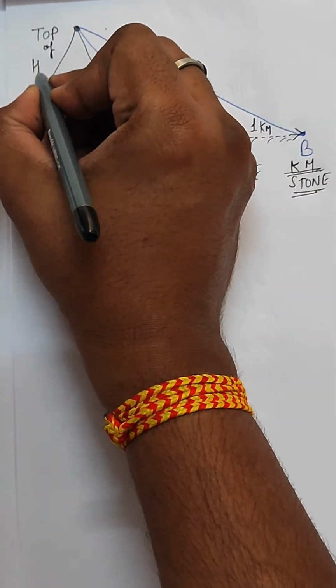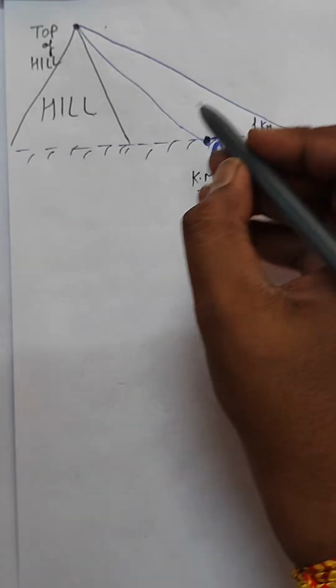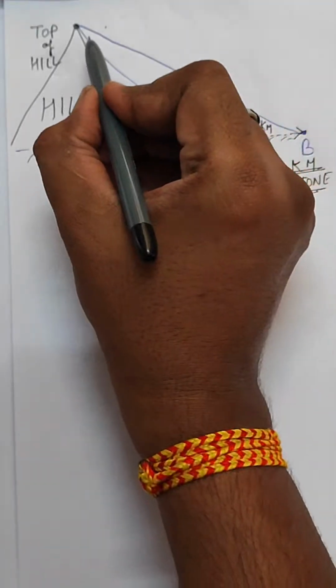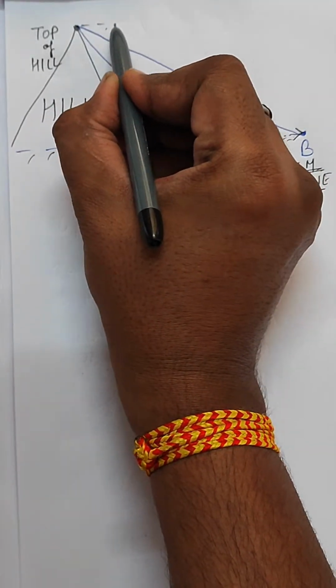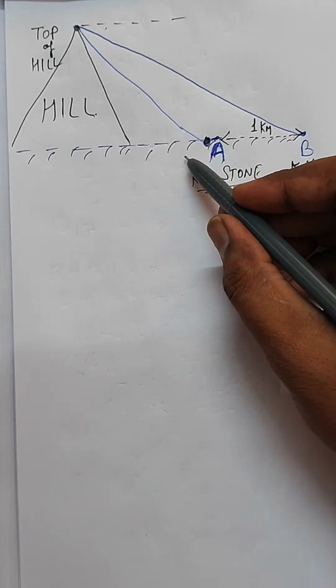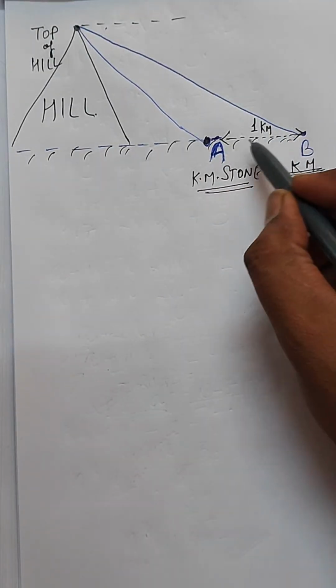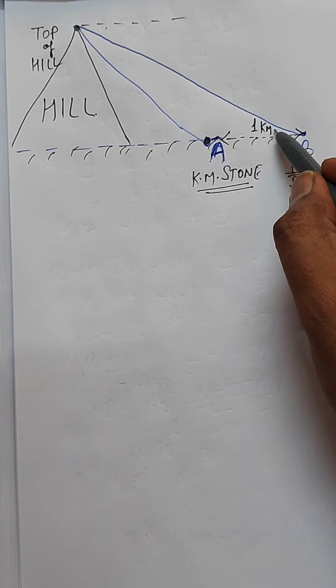The angle of depression from the top of the hill, this is the hilltop. So the angle of depression, that means from here, if you draw a line parallel to the ground, then the angle of depression to both the kilometer stones are given to you as 45 degree and 30 degree.